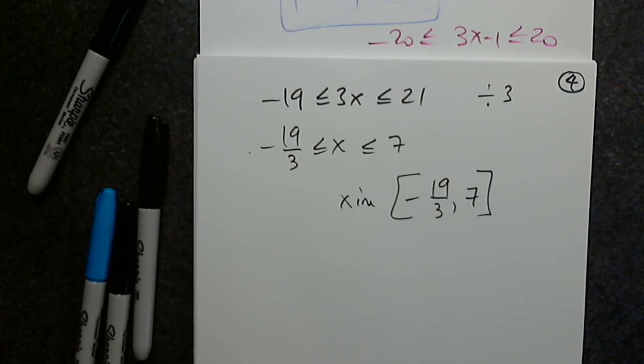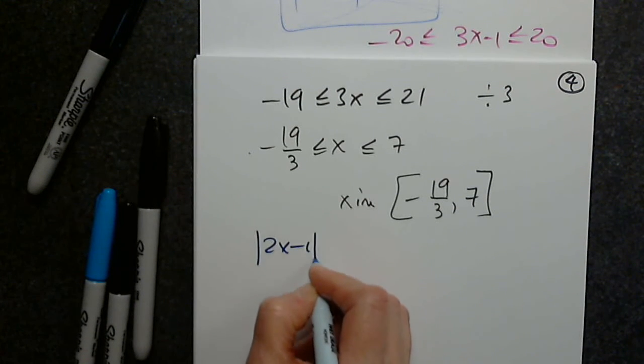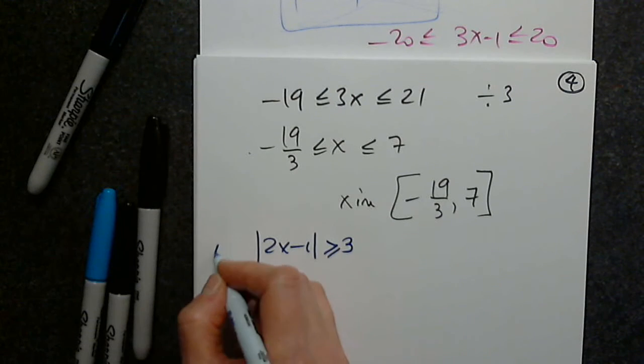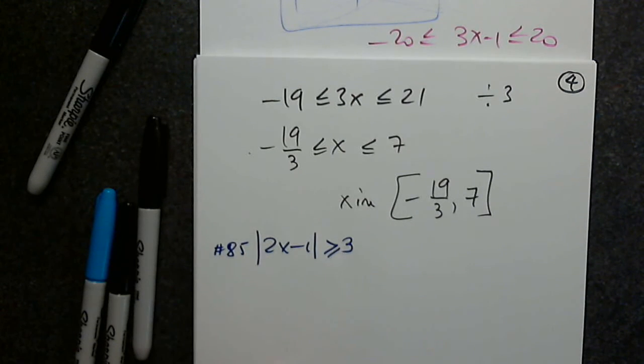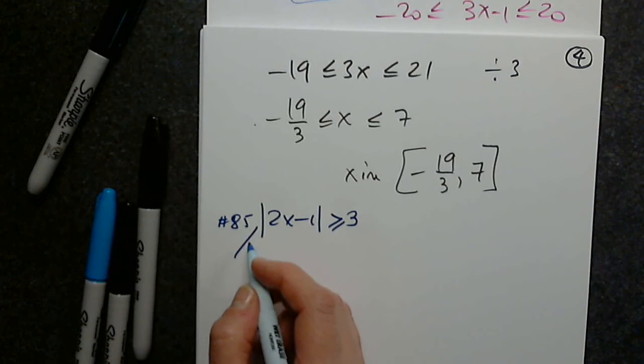Can we choose the next one then? Yes? Okay, so let's look at another. Let's say the absolute value of 2x minus 1 greater than or equal to 3. They're all on page 203.